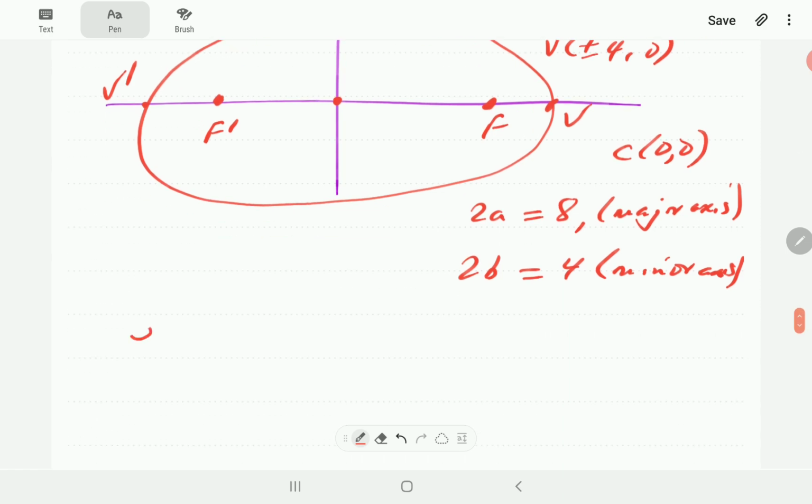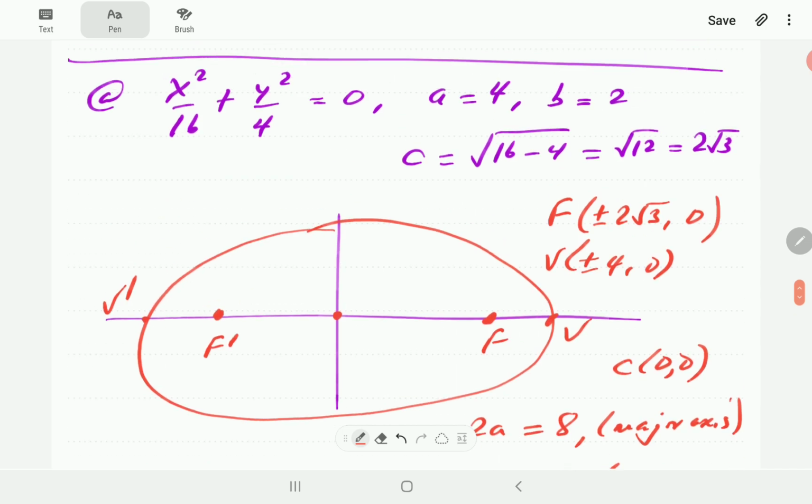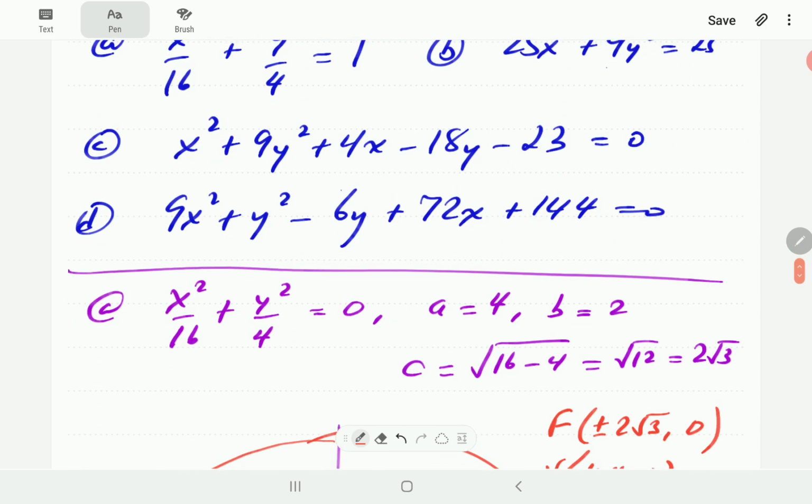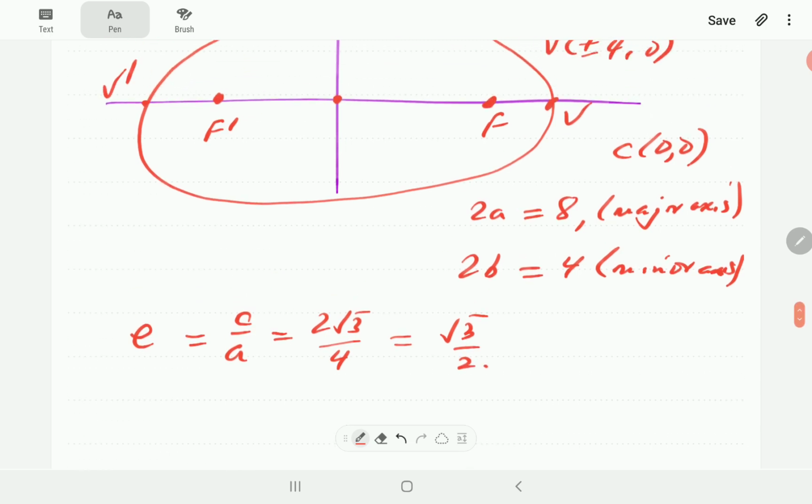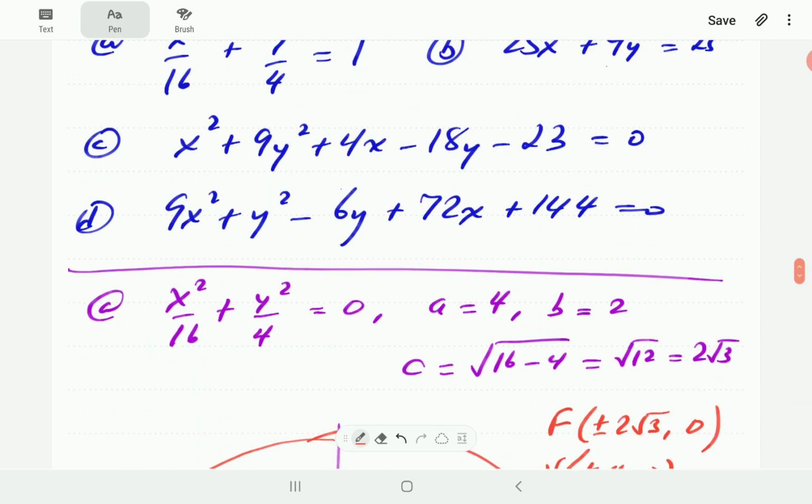The last thing we need to do is the eccentricity. The eccentricity is c over a, so it's going to be 2 root 3 over 4. It's going to be root 3 over 2. Alright, and that is that.